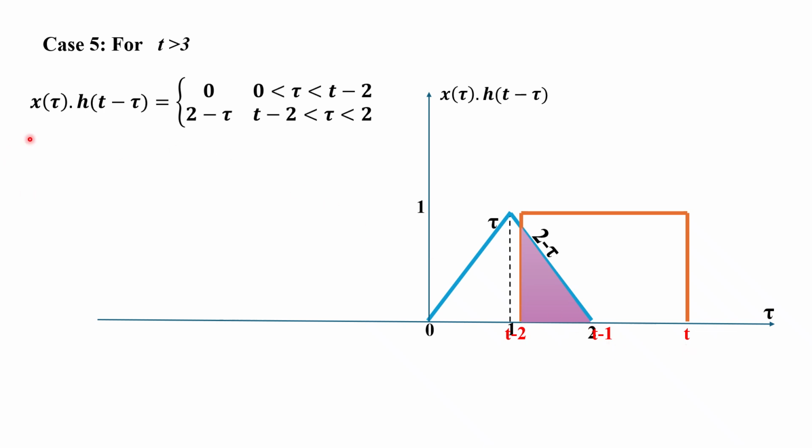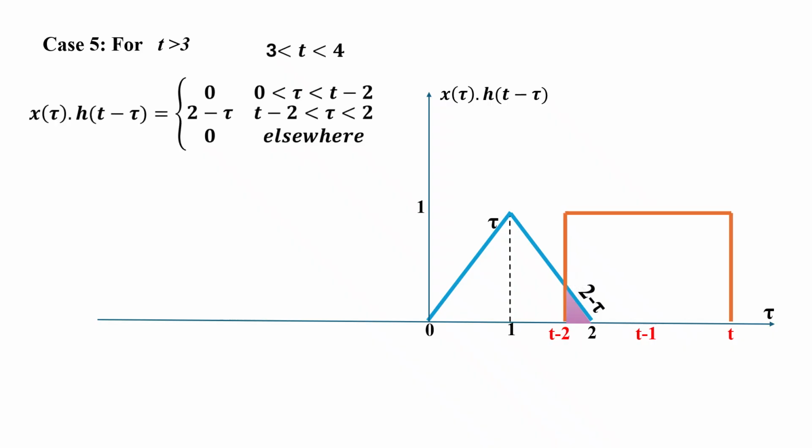So therefore we can say that x of tau into h of t minus tau is equal to 0 for 0 to t minus 2, and it is 2 minus tau from t minus 2 to 2. Okay, so this definition holds until the value t minus 2 is equal to 2, that is, t is equal to 4.